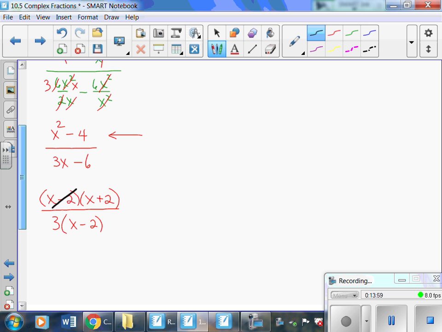So these are minuses, they both cancel. So my final answer is going to be x plus 2 divided by 3. Remember, you can leave these parentheses around it just to remind you that they are protected. So write that down, make sense of it, and why don't you try B on your own?